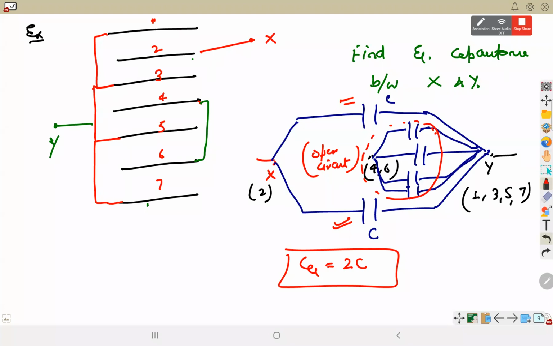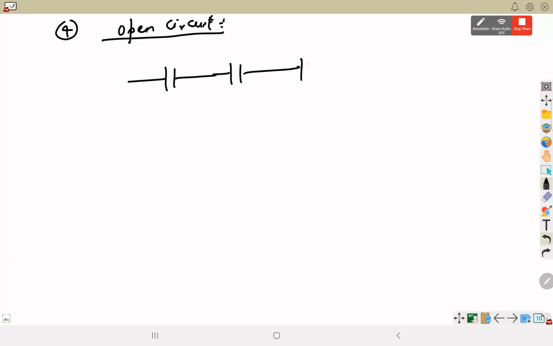Case number 4 अलग से भी देख लेते हैं डिटेल में. What is open circuit? Circuit number 4, I think. शॉर्ट सर्किट होता है जब दोनों टर्मिनल्स को आपस में ज्वाइन कर देते हैं. ओपन सर्किट होता है when only one side of terminal is attached, the other side is open.